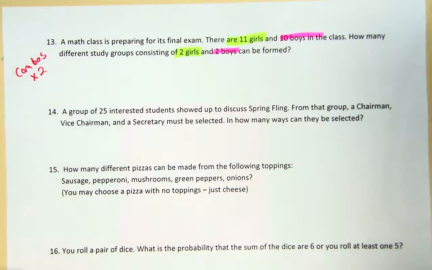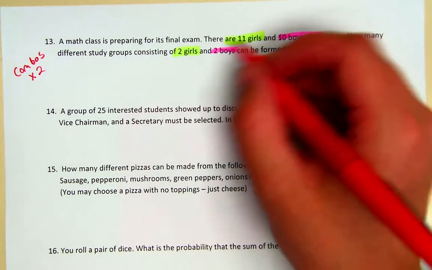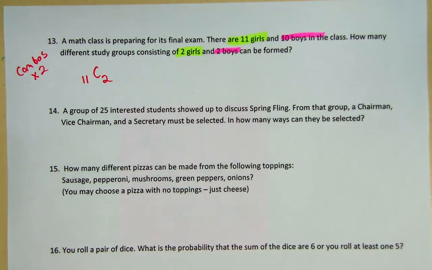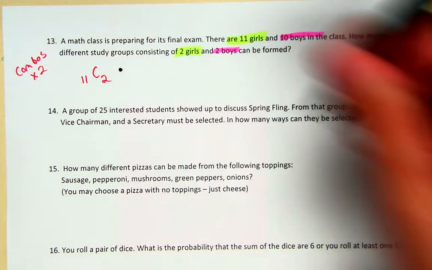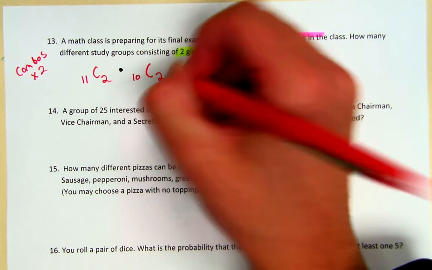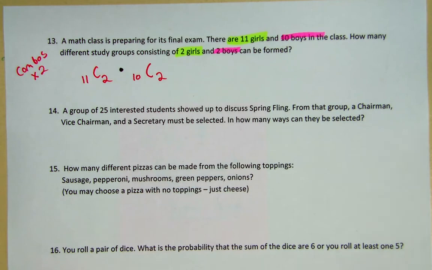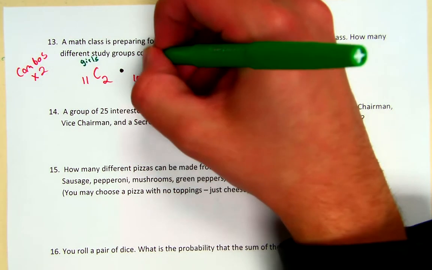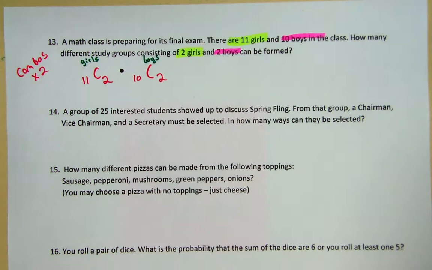So 11 girls, we're choosing 2. We're going to multiply that by the event that we have 10 boys, and we choose 2 of those. So this, again, is my girl group, the girls in the group, and this is the boys in the group.